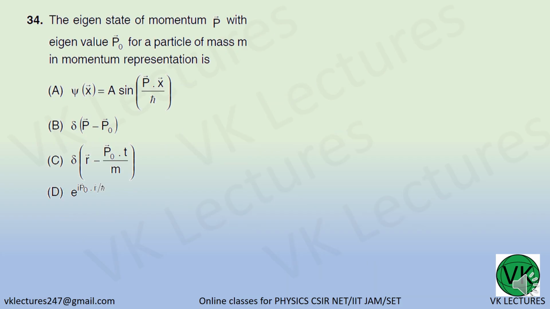(34) The eigenstate of the momentum p with eigenvalue p naught for a particle of mass m in momentum space representation is. Now here we are given the eigenstate.